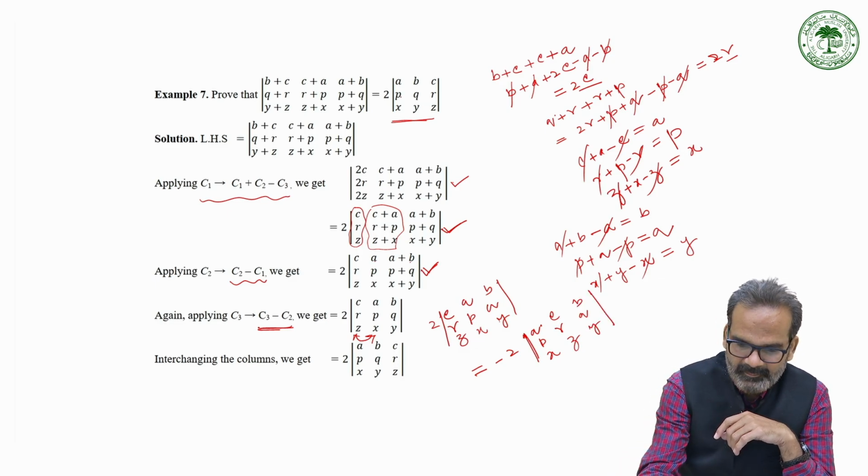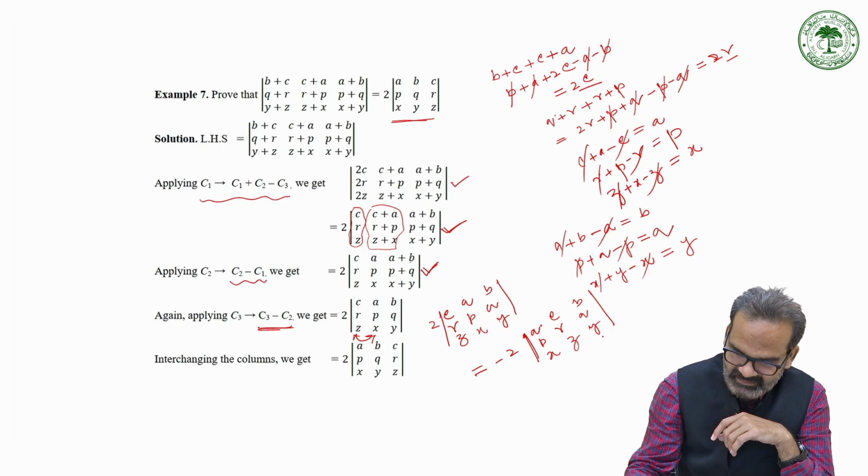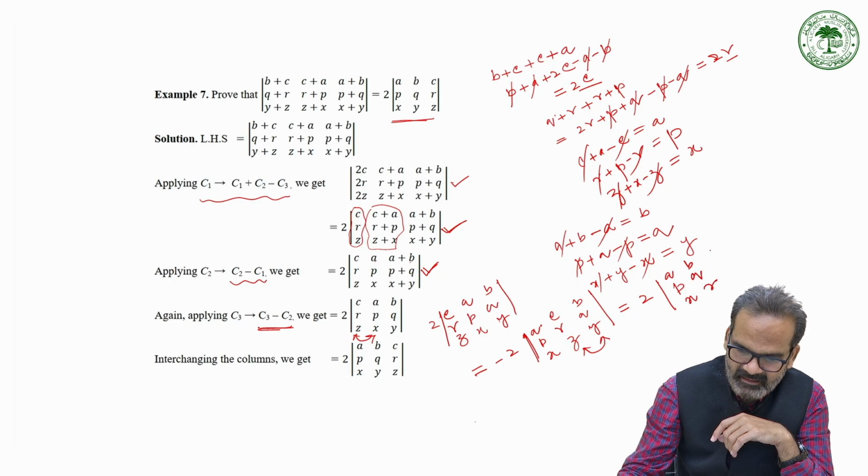Now, APX, after that BQY. Now, interchange these two columns again, third and second. So, minus again, you will get plus 2 APX, then BQY and then CRZ. This is the required determinant.